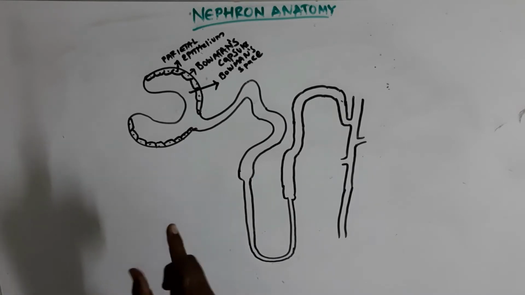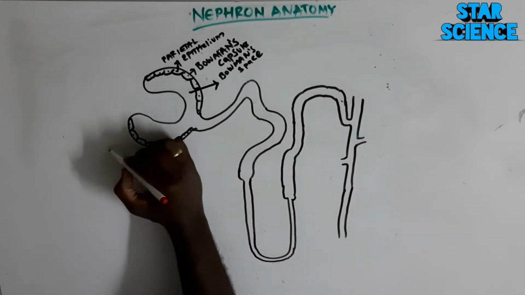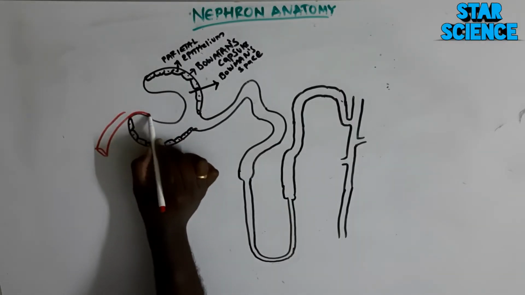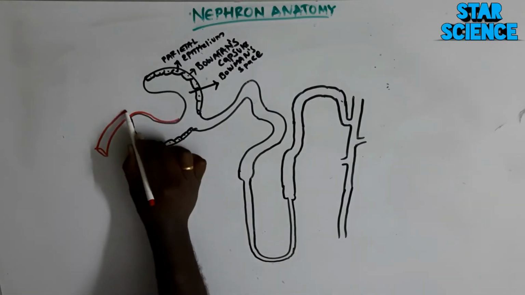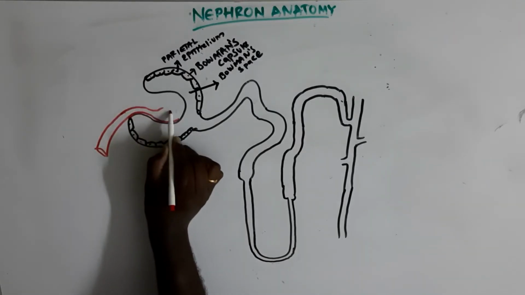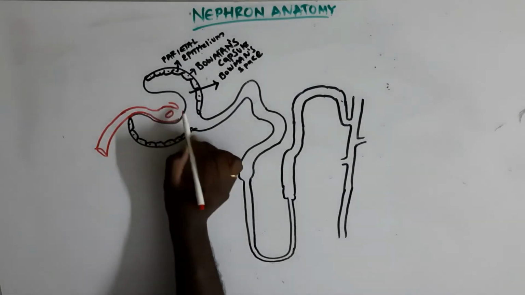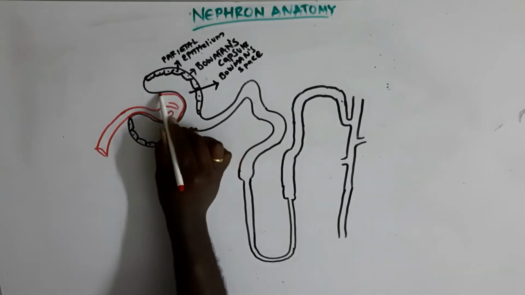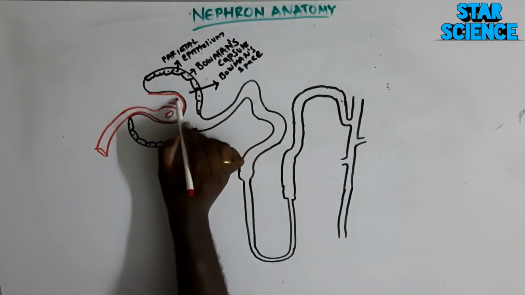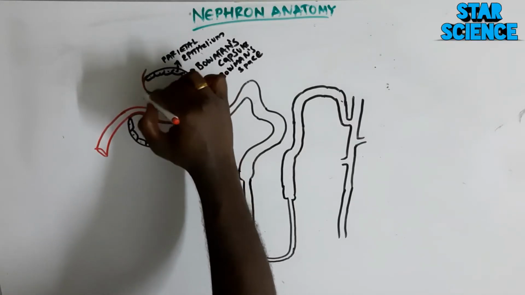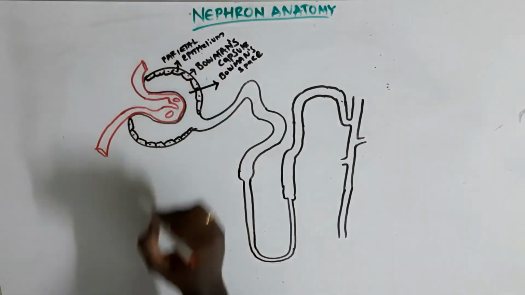From there, we'll move to the next part, which I am drawing in red, because this is the afferent arteriole, and it enters into the glomerulus, and then it exits as the efferent arteriole. The thing we have to remember is that the afferent arteriole brings oxygenated blood, but it carries waste in it.